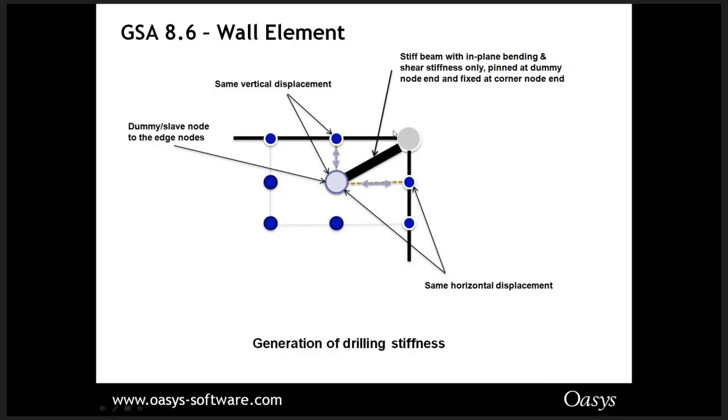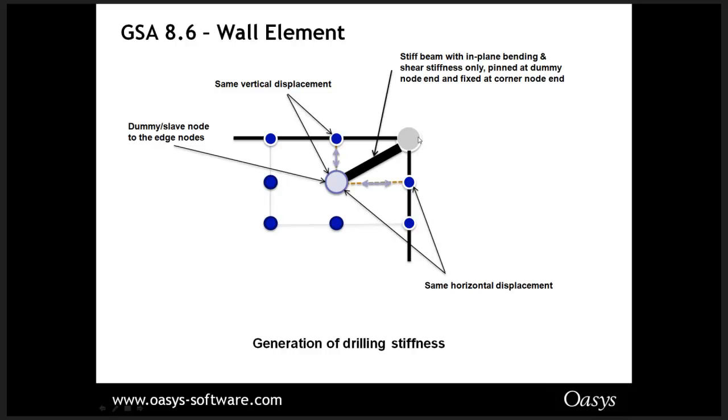So you can imagine if the corner node is going to rotate, the beam rotates with it, and it will drag the dummy node moving. So that's equivalent to rotating this rectangular area, something like that.